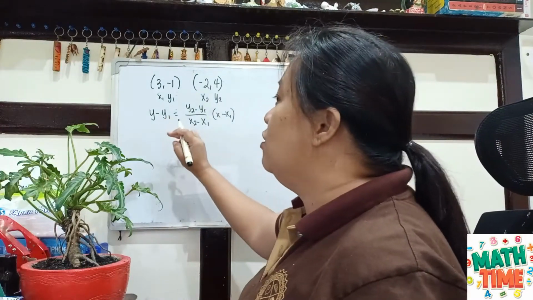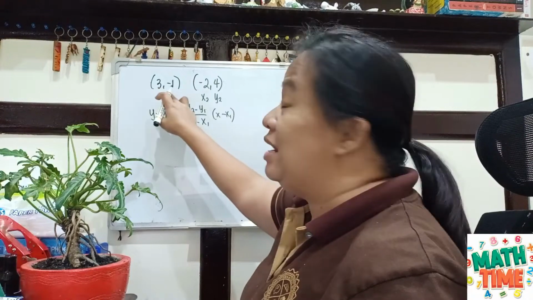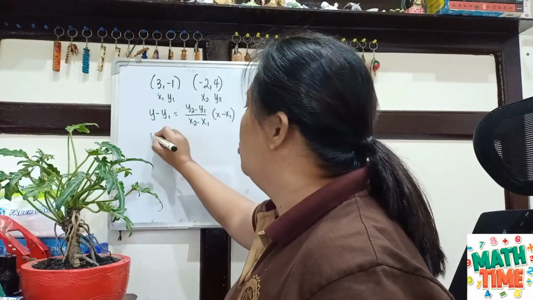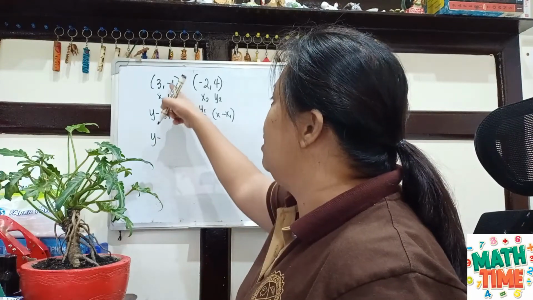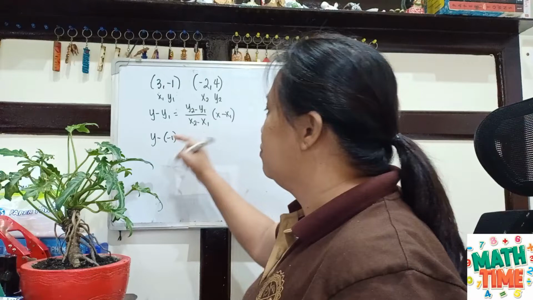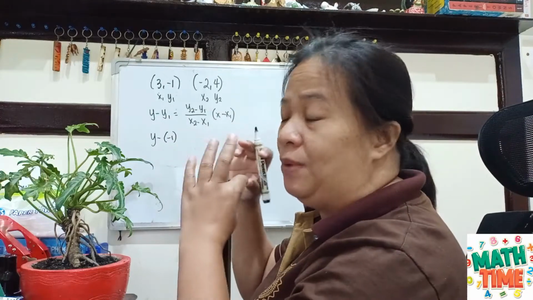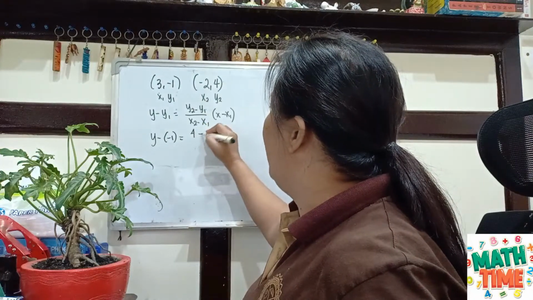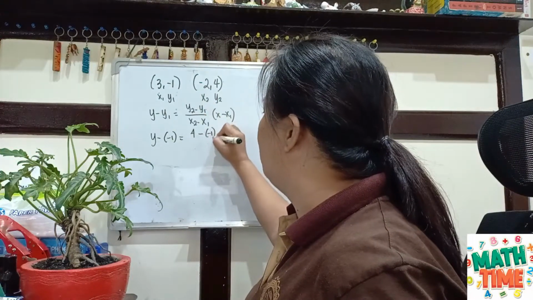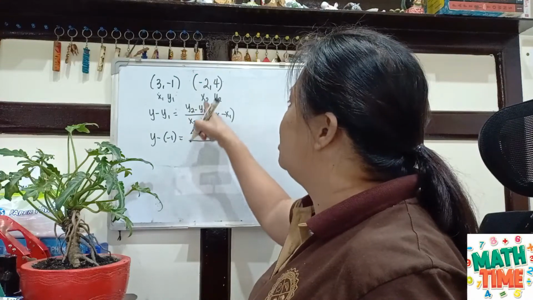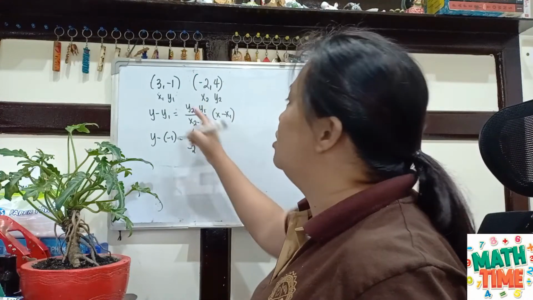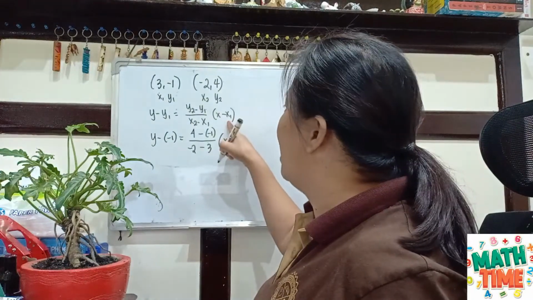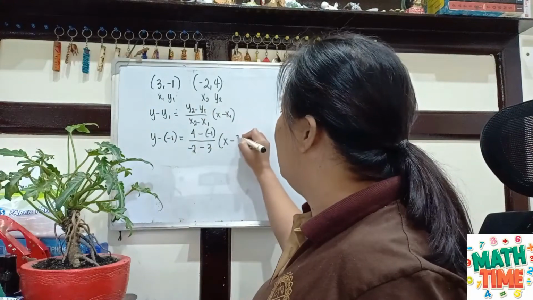So here, we are now going to substitute the values of our ordered pairs to the formula. So y minus y sub 1, which is a -1, enclose it inside the parentheses, equals y sub 2 is 4 minus y sub 1 is -1 over x sub 2 is -2 minus x sub 1 is 3 times x minus x sub 1, which is 3.